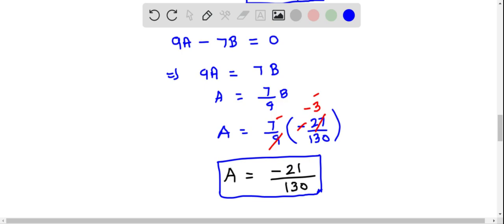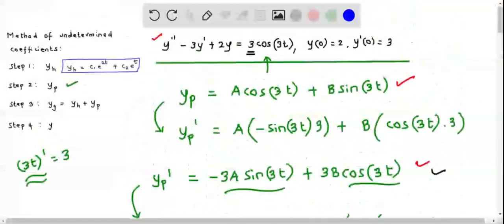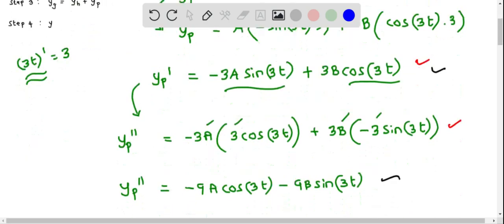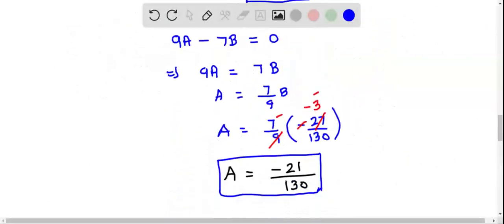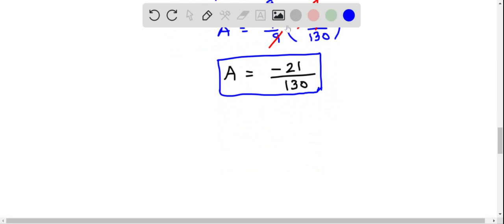And this means we can now write down the particular solution by substituting into the equation for yp. So let's do that. We will get a particular solution, that is yp equals a times cosine of 3t.